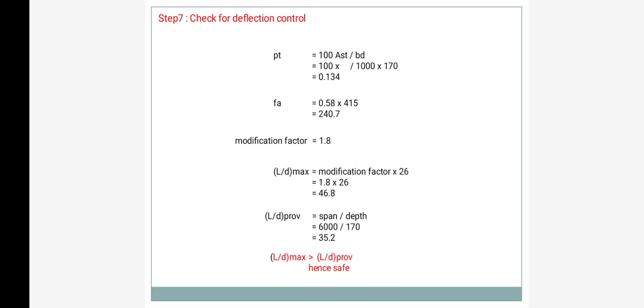And L by d provided is span divided by depth. L by d maximum value answer is 46.8 and L by d provided answer is 35.2. So L by d maximum is greater than L by d provided. Hence it is safe.